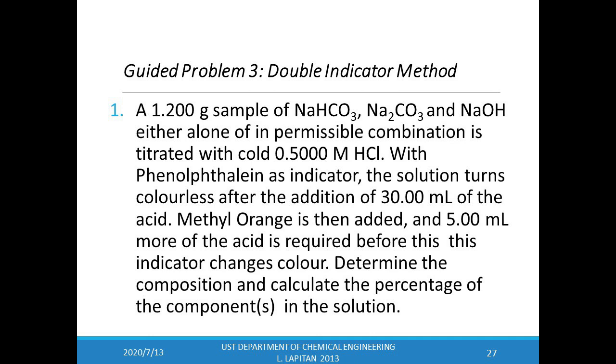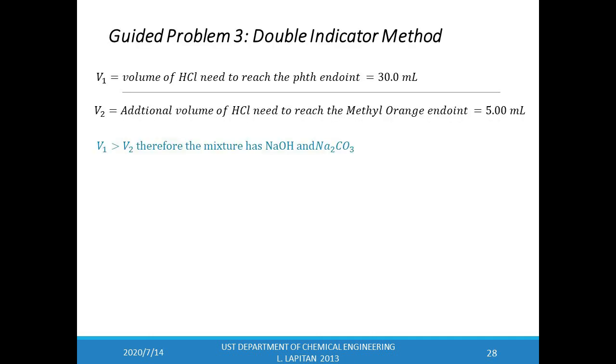Okay, so before going to our calculations, we have to realize that this problem involves a single vessel titration, since methyl orange was also added on the same reaction vessel after the phenolphthalein endpoint was reached. The next thing to do here is to analyze the volumes of the titrant acid that were used to reach the endpoint in order to deduce the components in the mixture.